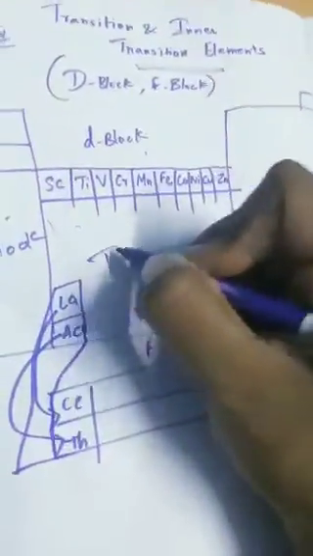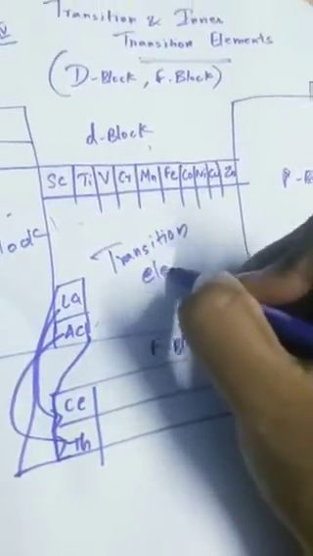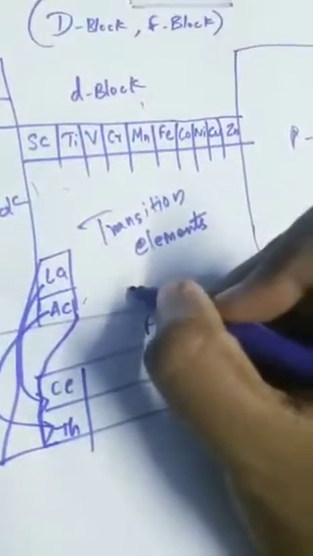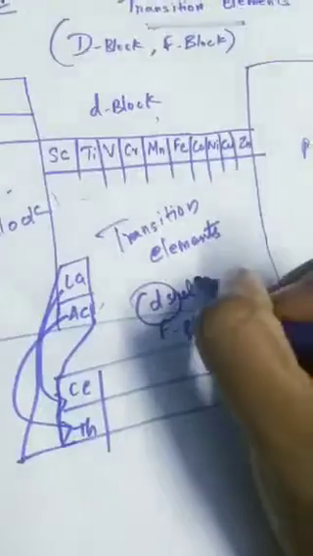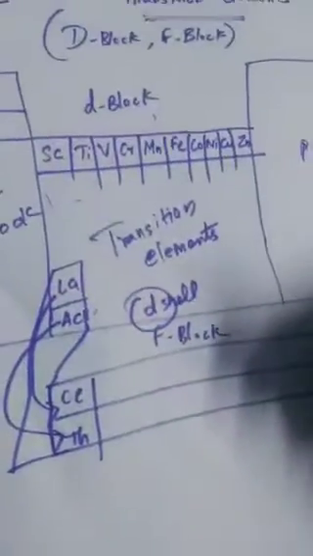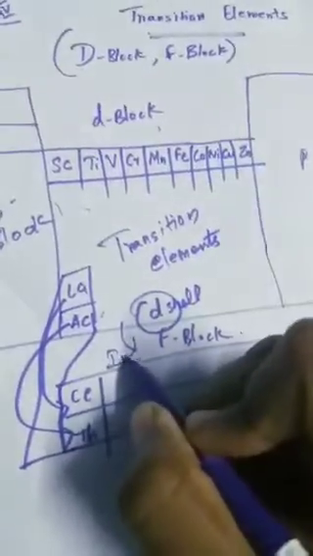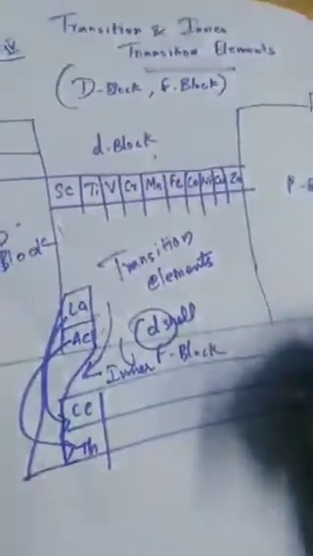D block elements are called transition elements because of their transition in the last shell, the D shell. That is why they are called transition elements. And F block is called inner transition elements because they are transited from D block elements.